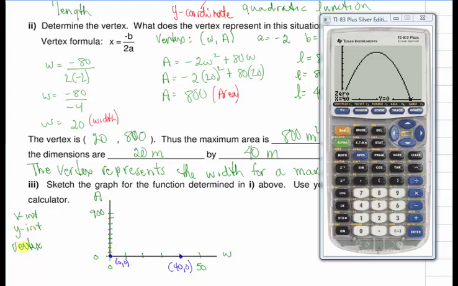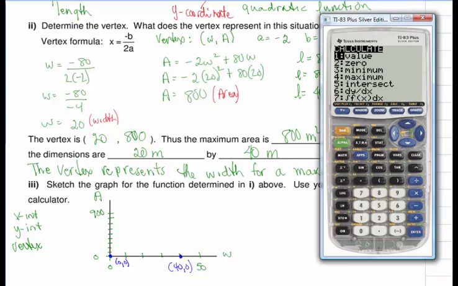Okay, our next point is the vertex. We already know that it's going to be at 20 and 800, but we can verify that on our calculator. So I'm going to go to second trace. Now we have a maximum because we have a parabola that opens down, so I'm going to choose item 4. And I'm going to do the left bound, right bound again.